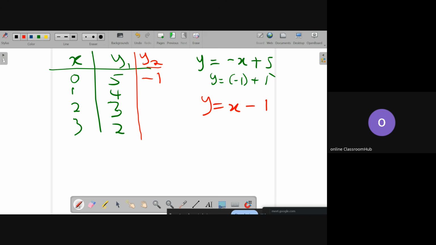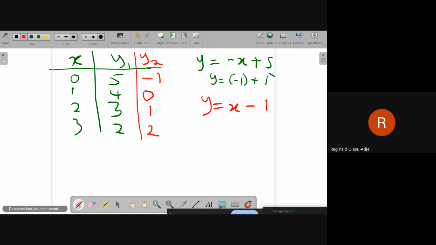Negative 1. When x is 1, y will be 0. When x is 2, y will be 1. Good. When x is 3, y will be 2.